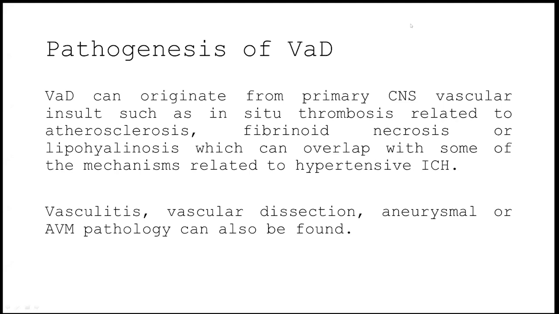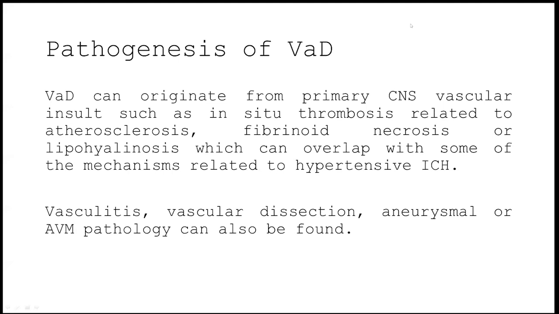So coming back to the pathogenesis, while knowing that it is a vascular insult or injury, this could be a thrombus or ischemia, in situ thrombosis related to atherosclerosis, fibrinoid necrosis, or lipohyalinosis, which can overlap again with some of the mechanisms related to hypertensive intracerebral hemorrhage or bleeds.